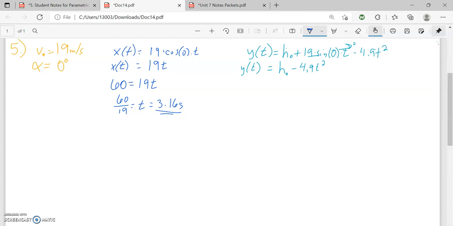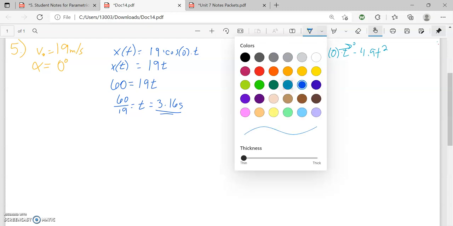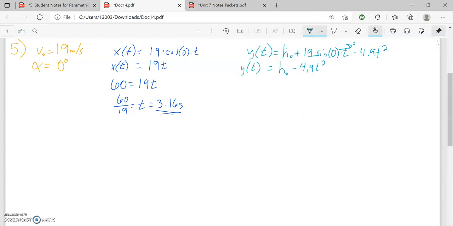So, in other words, we know that after t equals 3.16 seconds, so if we plug it in, watch this, I'm going to write it out and then explain it.